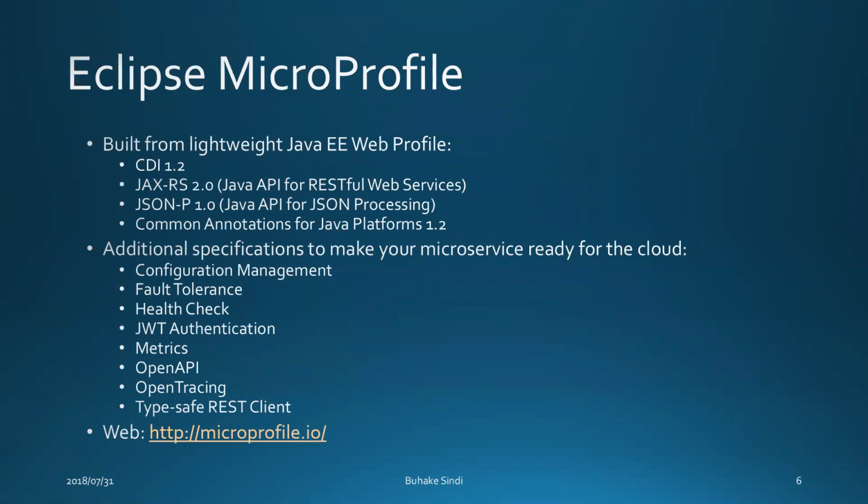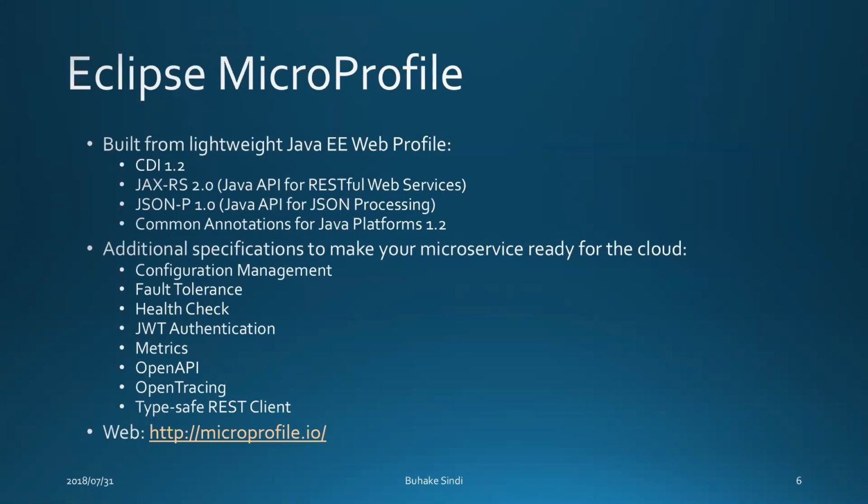Eclipse MicroProfile is built on the lightweight Java EE web profile. So it includes CDI, and you'll see there are no EJBs in it. JAX-RS, the API for RESTful web services. CDI stands for contexts and dependency injection, for those people who are on Spring. And then JSON-P for JSON processing, which came out recently.